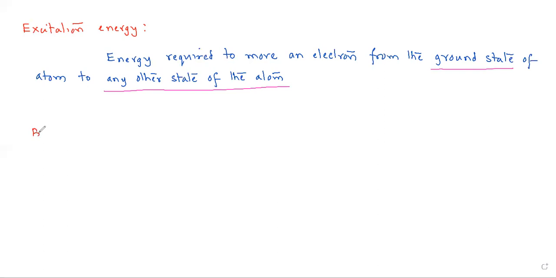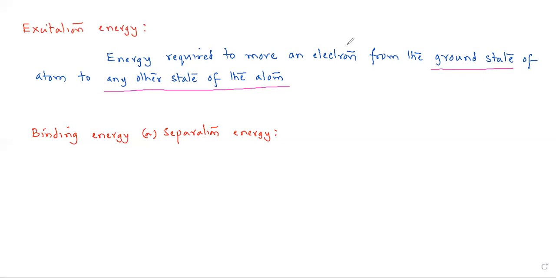Now let us say what is binding energy or separation energy. See, the electrons are bound to orbits wherever they are present. They'll possess the energy of the same orbit.